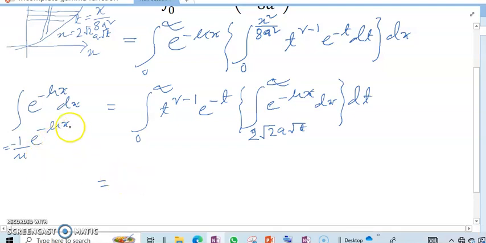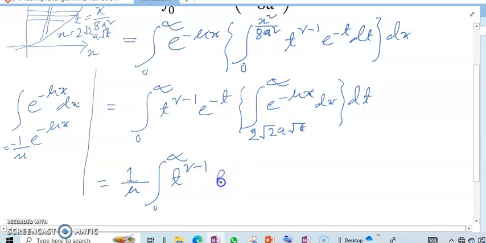Putting in the upper limit and lower limit, whatever I get is 1 by mu times the integral from 0 to infinity of t to the power gamma minus 1 e to the power minus t minus 2 root 2 a mu root t dt.